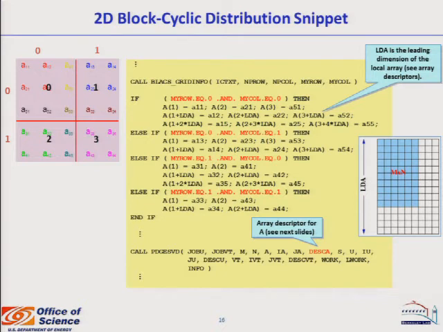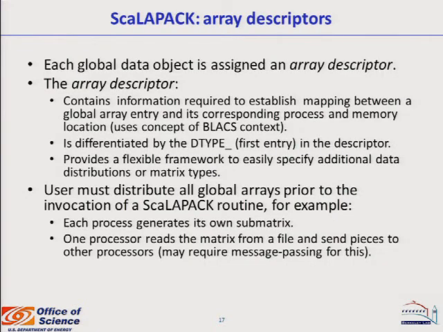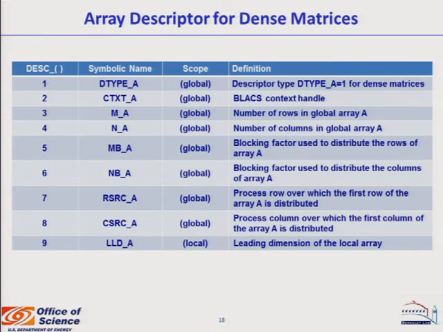And here it shows up again, the array descriptor, which, as I mentioned before, contains information about how the data has been distributed. It's information related to the mapping between your big global array or matrix, and how it has been distributed among the cores or processes, okay? And that's what the descriptor array looks like for dense matrices.